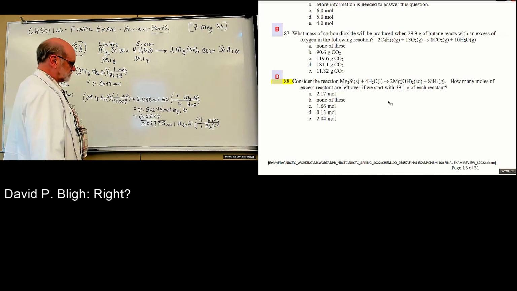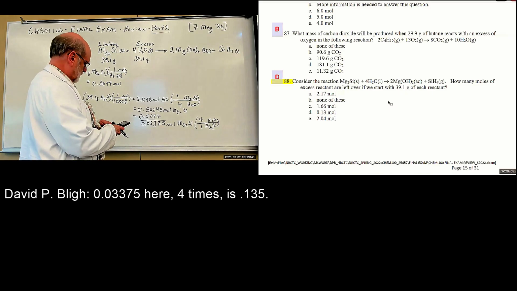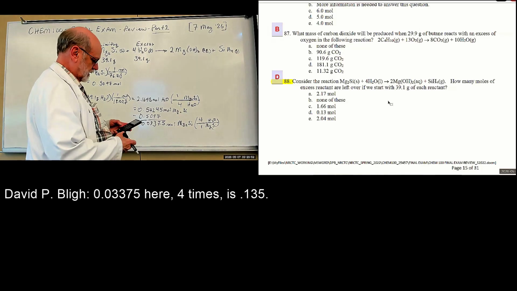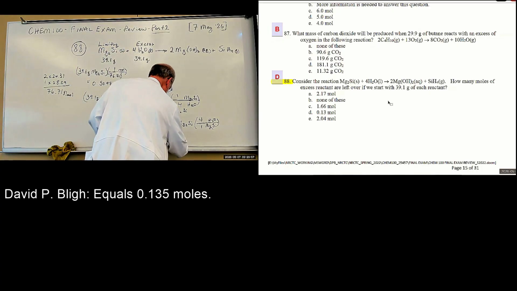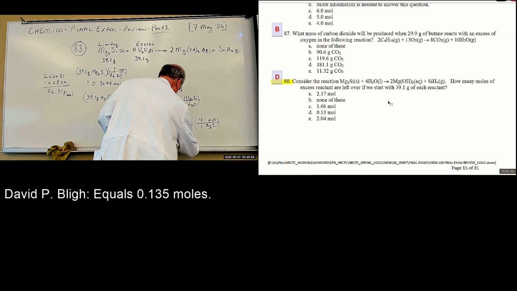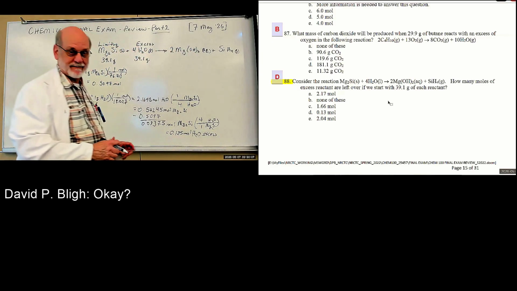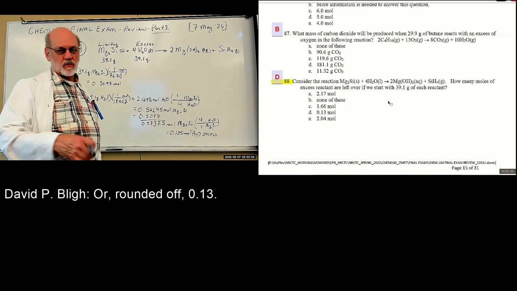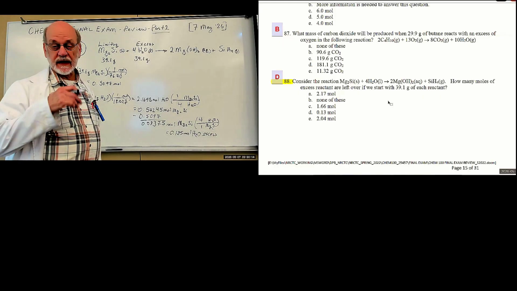Okay, so 4 times this value, 0.03375, is 0.135 moles of water excess. Or rounded off, 0.13. That's the closest we can get.